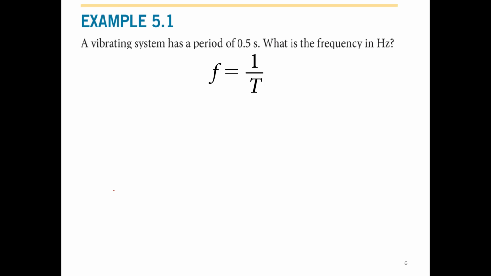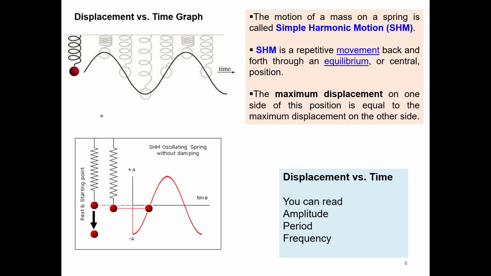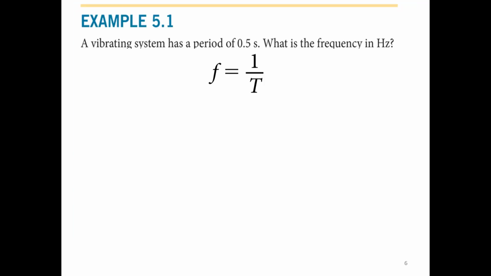Then here we want to calculate the frequency of a vibrating system that has a period of 0.5. Yes, and if we know the period equals 0.5, we will write here period equals 0.5 seconds, and the frequency equals 1 over the period.